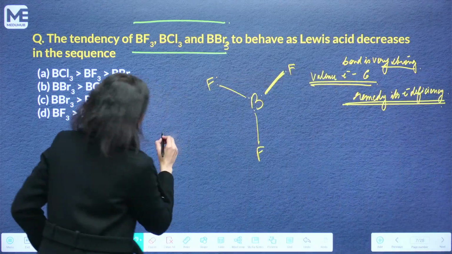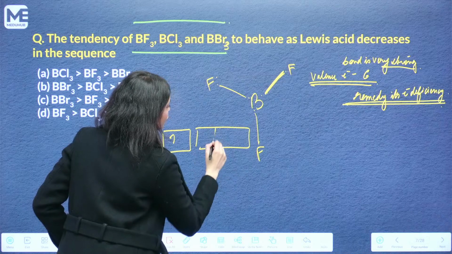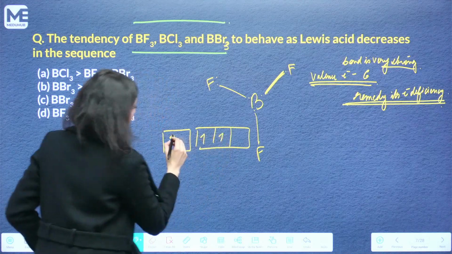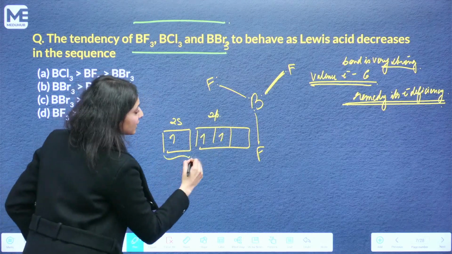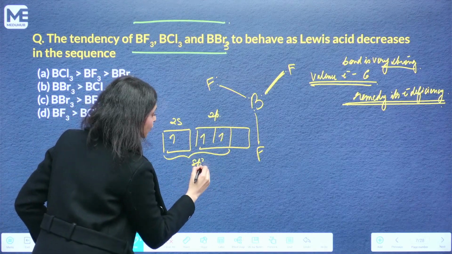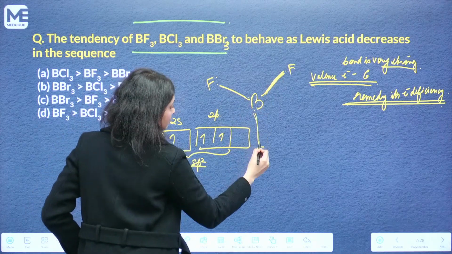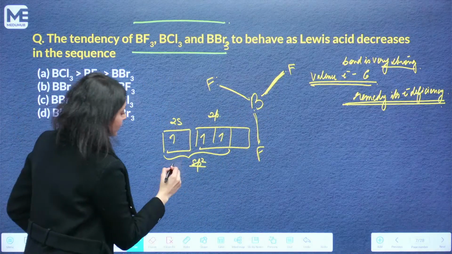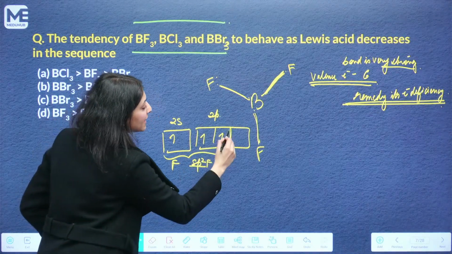So let us write the electronic configuration again. For boron, we have 2s and 2p. These are hybridized as sp2 orbitals in a triangular planar structure and form bonds with fluorine. Now there is one orbital empty here.